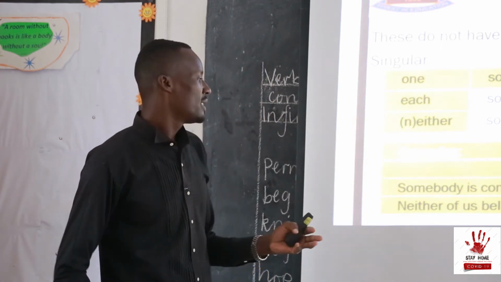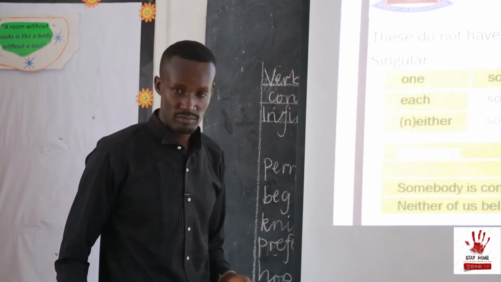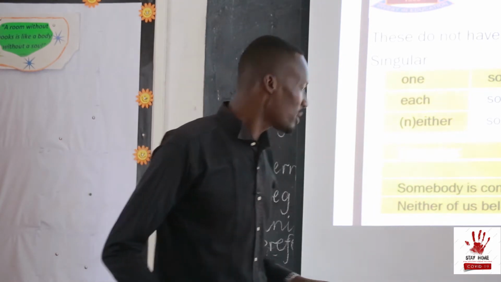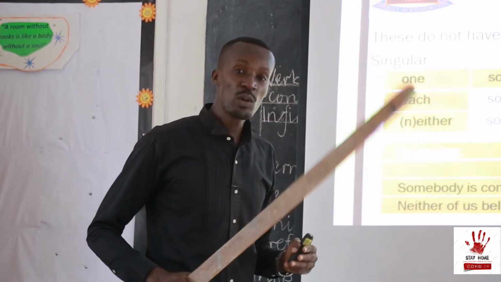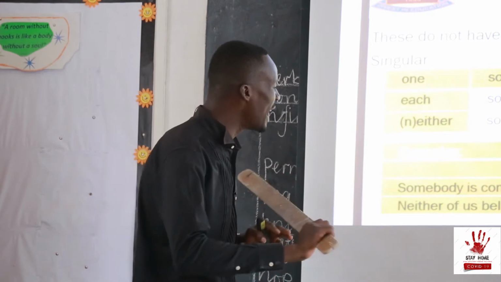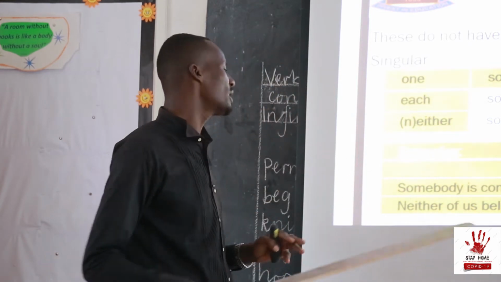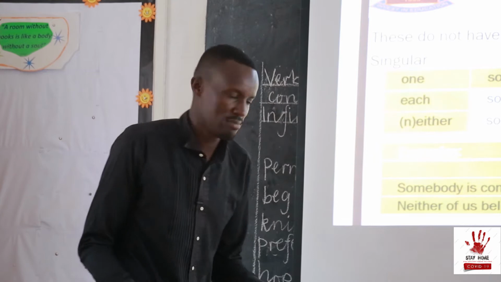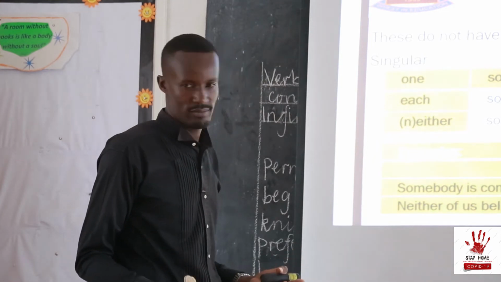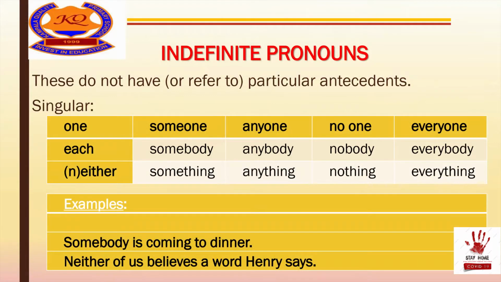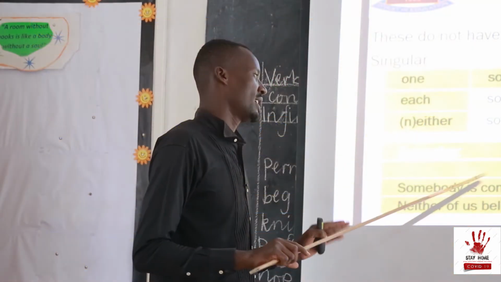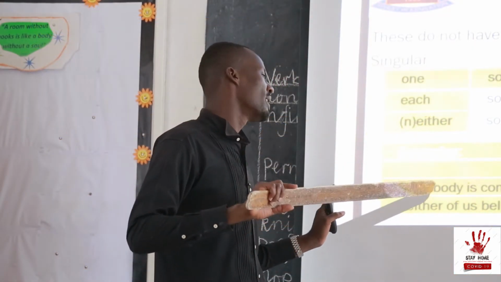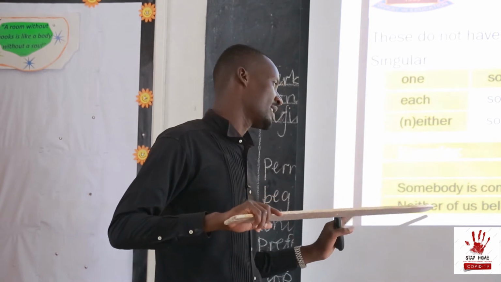If we say somebody is coming to dinner, the person you are speaking to will completely be unable to tell. You cannot define somebody. What is somebody? No way. Okay? Maybe no one will come to dinner. So somebody is coming to dinner. That is an example of an indefinite pronoun in a sentence.